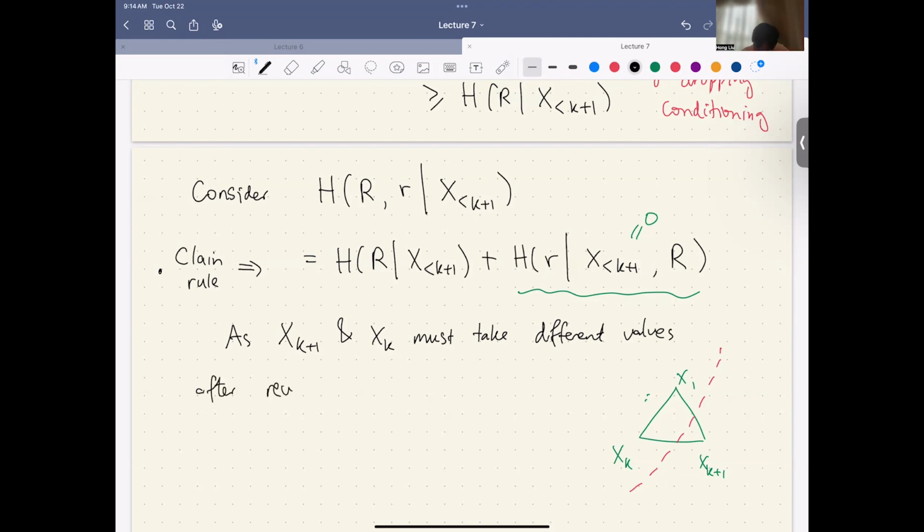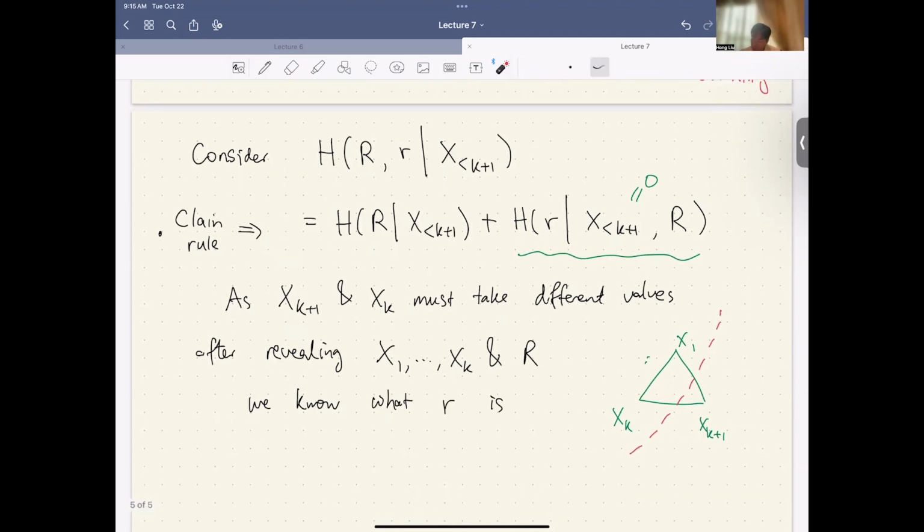After revealing x1 to xk and R, we know what R is, little r is.